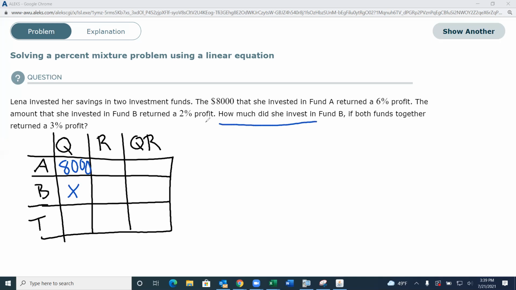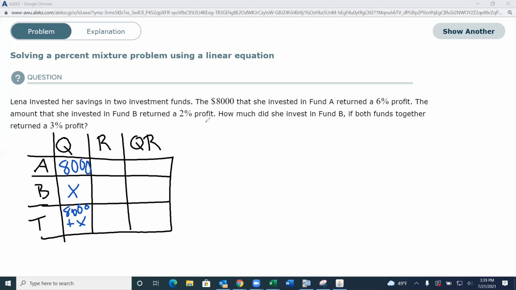Plus, that's what they asked me to find. So what would be the total quantity? Well, they don't tell us, so we're going to say 8,000 plus X. Just add these together, and that'll be your total amount invested.